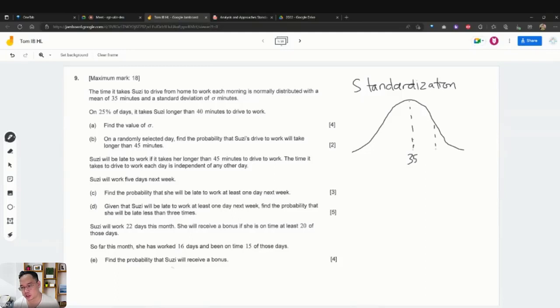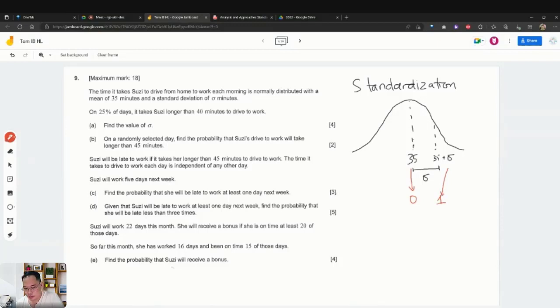One standard deviation away is 35 plus sigma. The difference between these is sigma. We need to standardize this to be a normal distribution as well, but the mean will be 0. 35 here will become 0, and the real standard deviation sigma will become 1.